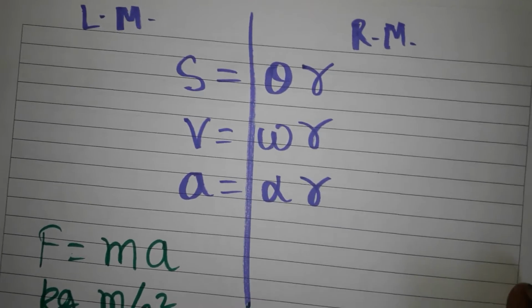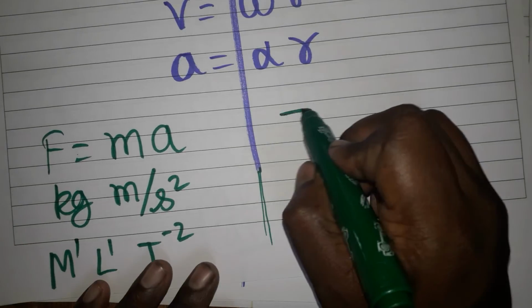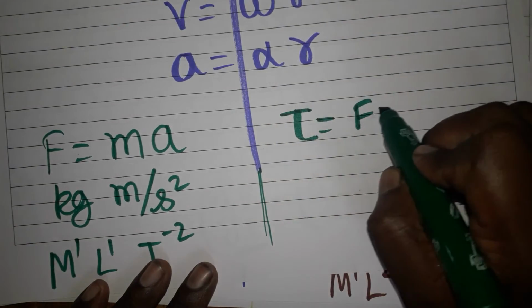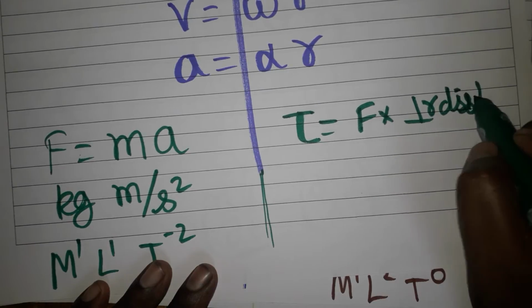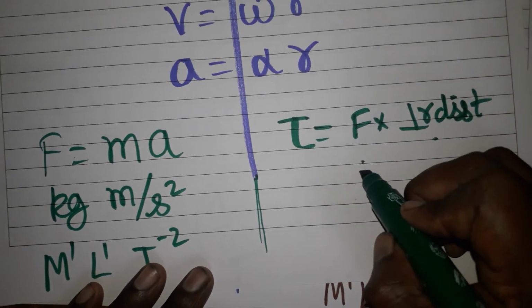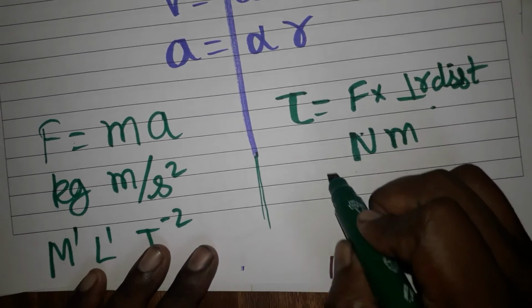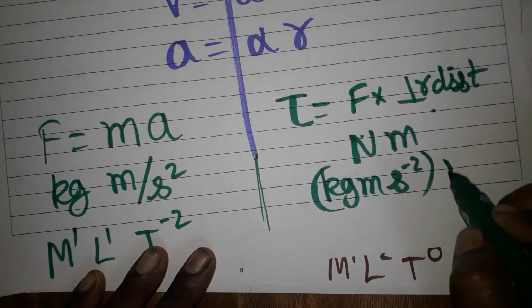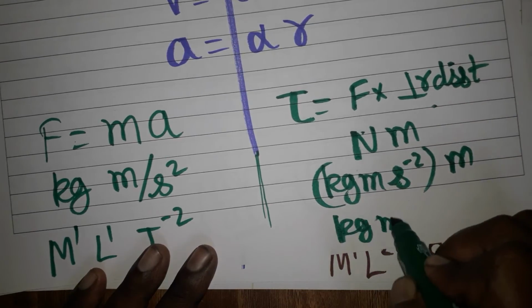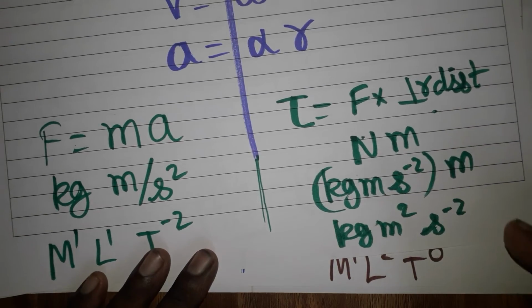In rotation motion, the equivalent is torque. Torque is equal to force into perpendicular distance. If you want the unit, Newton meter. Newton is kg meter second minus 2, the force unit, into meter. So kg meter square second minus 2.